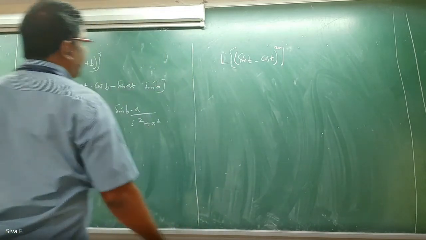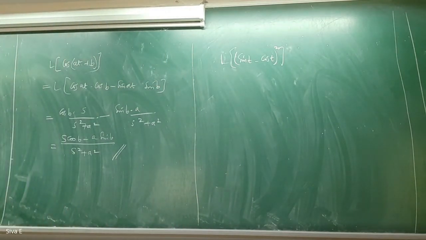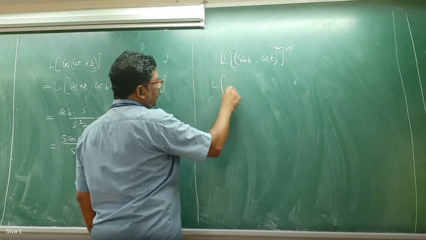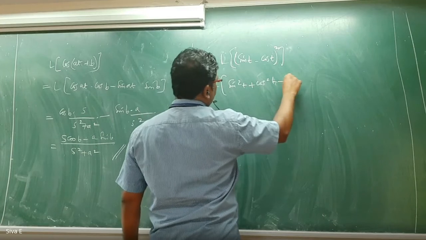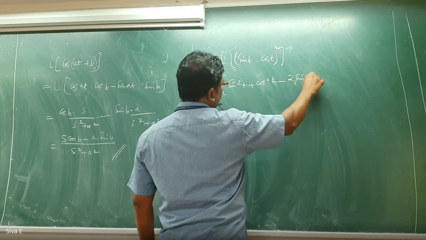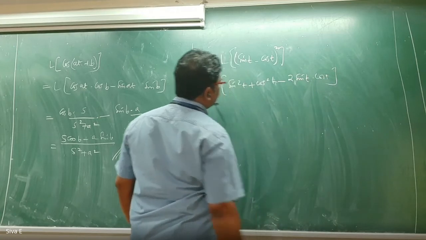That is Laplace transform of sin square t plus cos square t minus 2 sin t cos t.